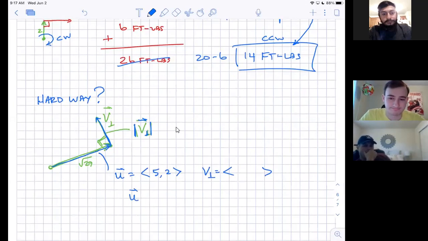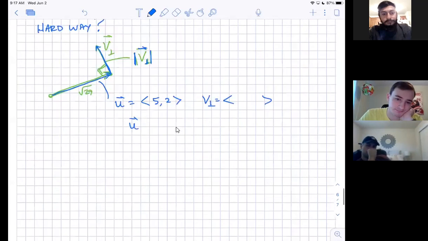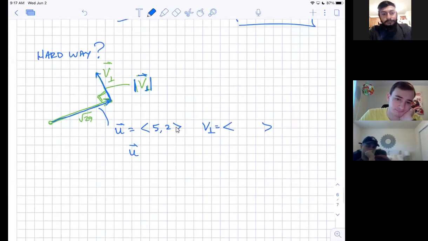I'm just showing you why this mnemonic device up here, this weird little multiply, diagonal, and subtract trick saves us a whole bunch of work. But I just want to see if we can get the same answer. So we need u dot v, the perpendicular version of v, to be 0, right? Because then that would mean the angle's 90, right?